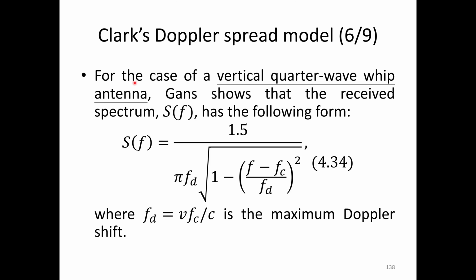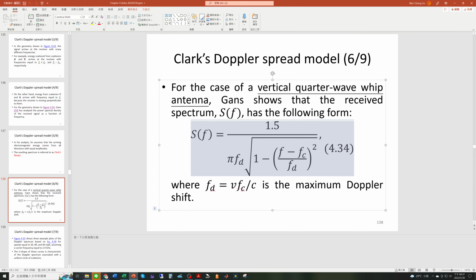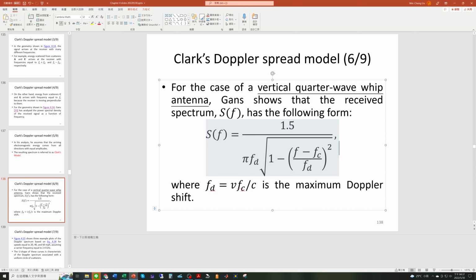So for the case of a vertical quarter wave whip antenna, Gans shows that the received spectrum S(f) has the following form. S(f) is equal to 1.5 over pi fd times square root of 1 minus (fc over fd) squared. The equation number is in the wrong place, let me correct it.